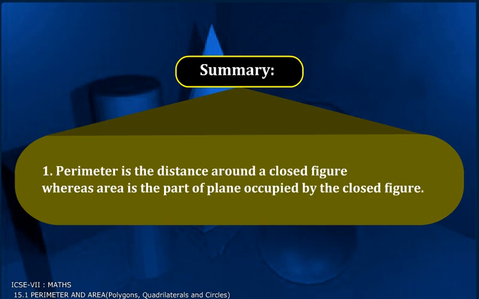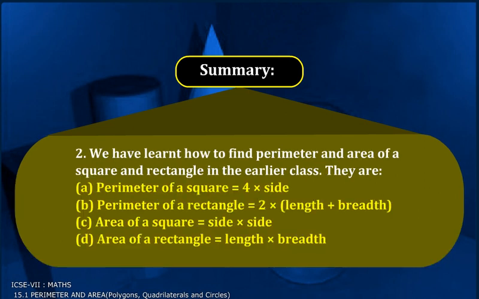Summary. 1. Perimeter is the distance around a closed figure, whereas area is the part of the plane occupied by the closed figure. 2. We have learnt how to find the perimeter and area of a square and rectangle in the earlier class.